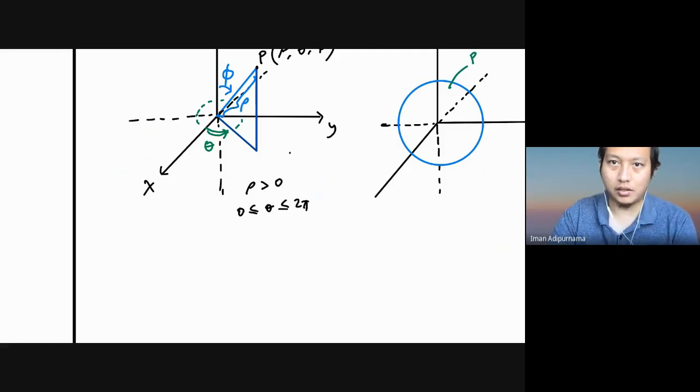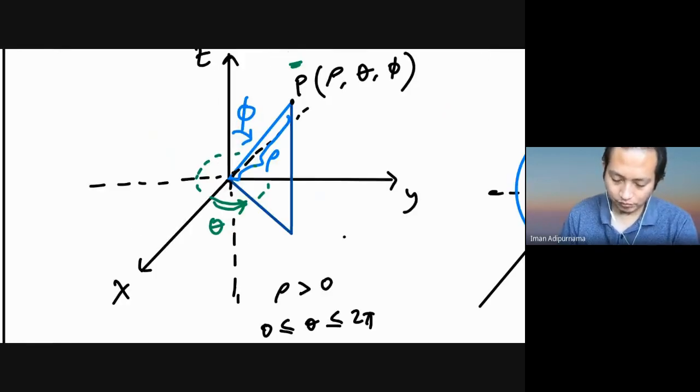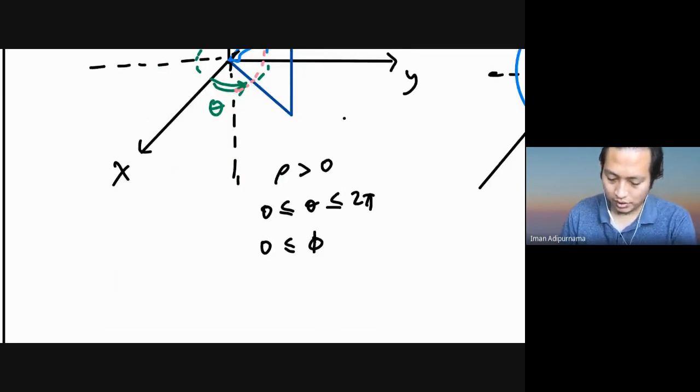And then you can also write the psi. Now, the psi here, we can only see from z. It's just up until here. It's not a full circle, because otherwise it would not define the sphere, if you can imagine. So psi only goes until pi.